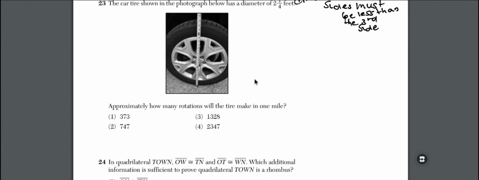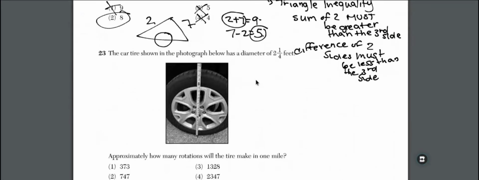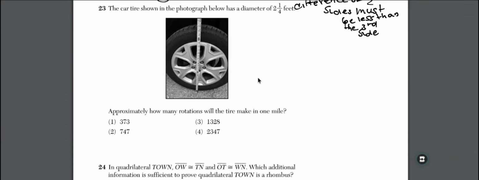Question number 23 says, the car tire shown in the photograph below has a diameter of 2/4 feet. Approximately how many rotations will the tire make in 1 mile? So, before we get started, what we want to recall is that 1 mile equals 5,280 feet.